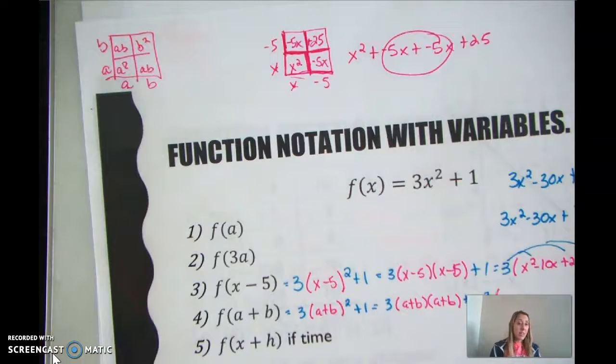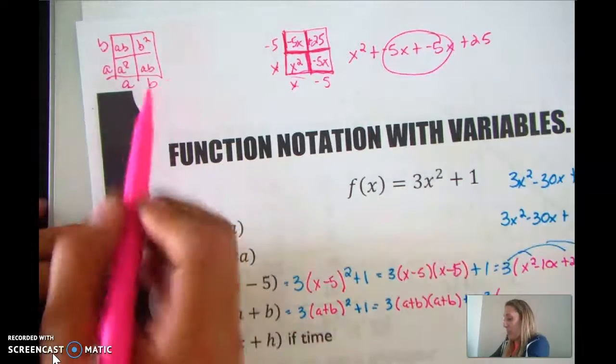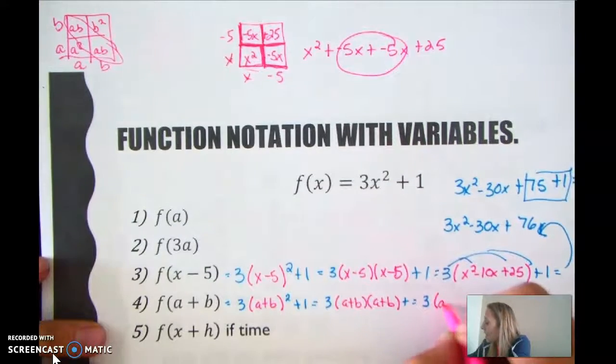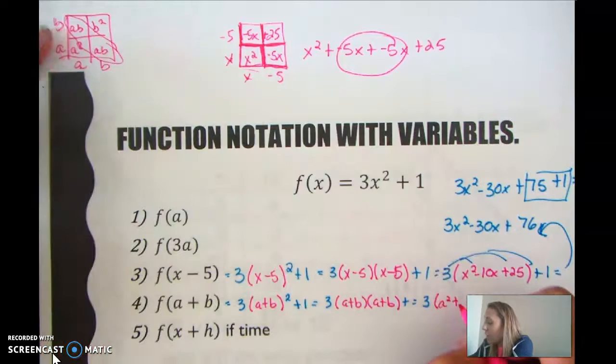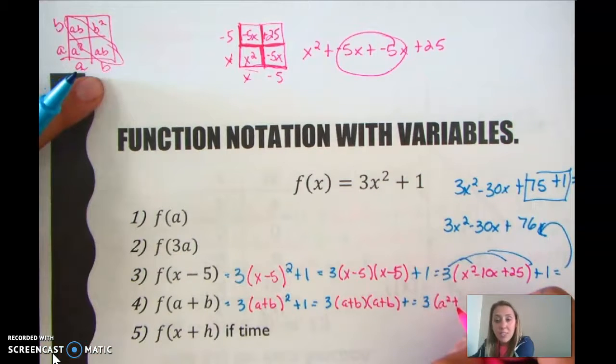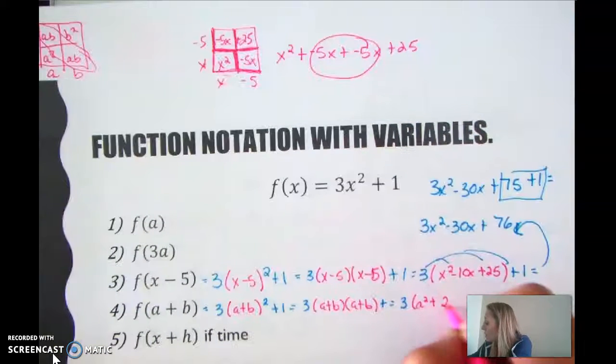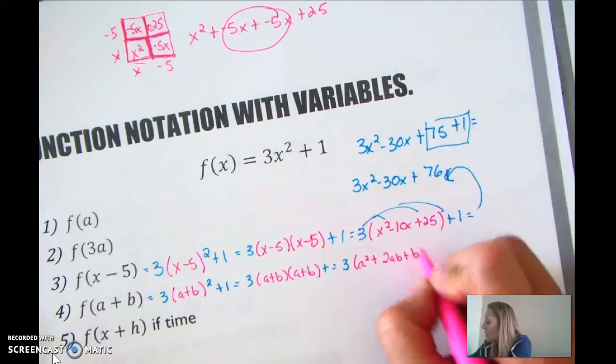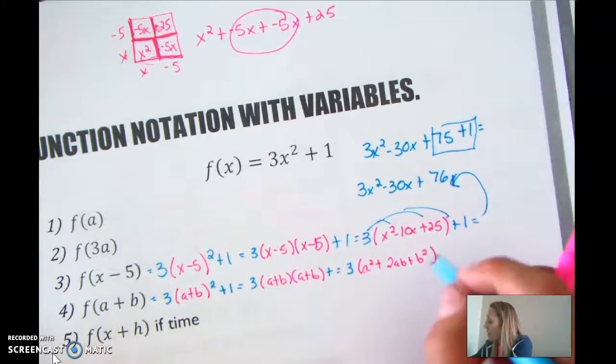I did keep everything in alphabetical order because that's just easier for me to keep everything organized. Those are like terms, so I'm going to get a squared plus ab plus ab. That's 2 of them, 2ab, plus I have b squared left, and then all of that plus 1.